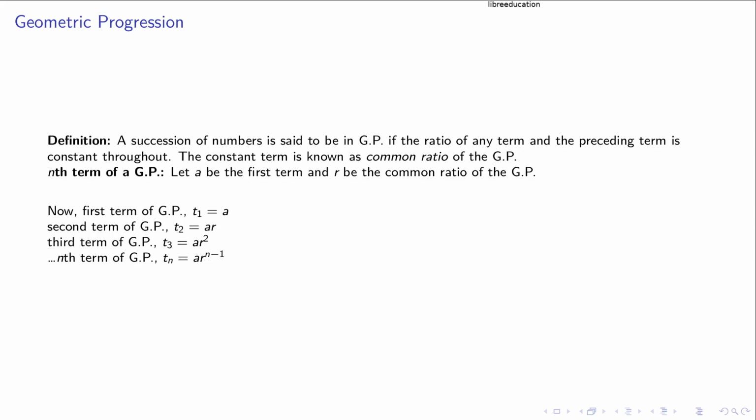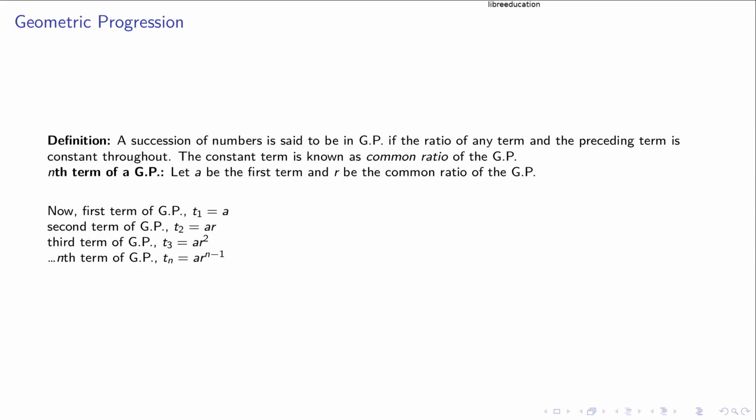Now let's try to find out the nth term of a GP. So we let A be the first term and R be the common ratio of the GP. So the first term of GP would be T1 is equal to A, and the second term will be T2 is equal to AR, because R will get multiplied with T1, because that's what our definition is.